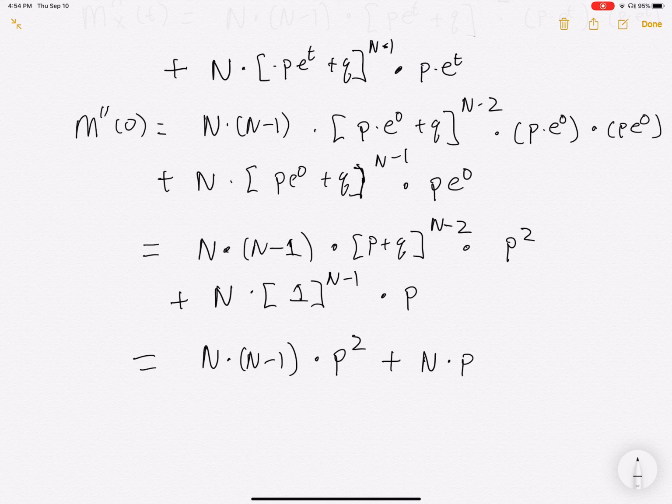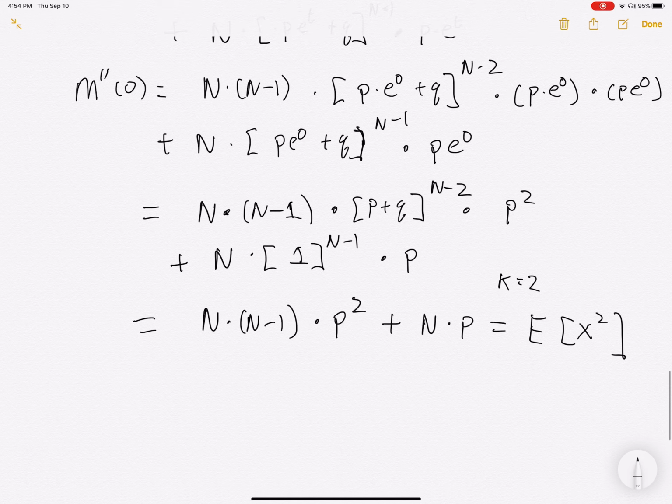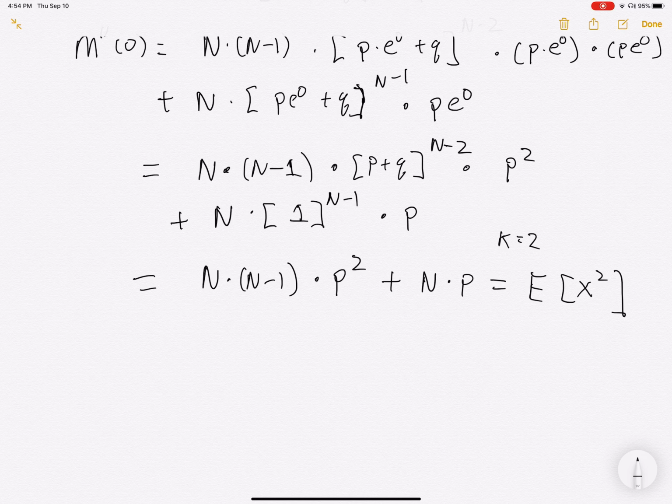Well, that's great. Let's see what this says. It says the second derivative, that's with k equals 2, is E of X squared. Now, let's rework this a little bit.